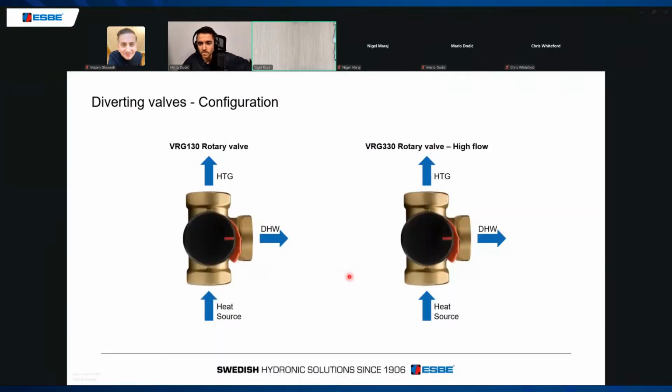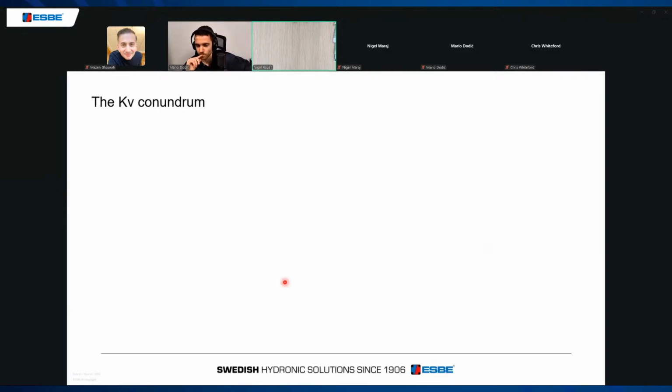So that's a little bit about the different styles of diverting valve. We'll talk a bit about KV and KVS. So what is KV and KVS? Everyone bandies this term around.